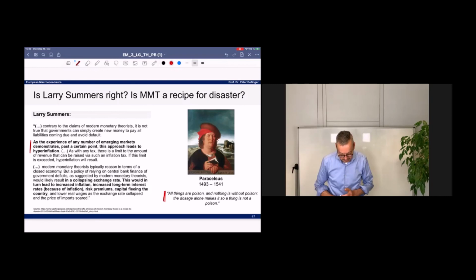And here you can see the consequences of excessive use. And here Samuel rightly says it results in a collapsing exchange rate. This would in turn lead to increased inflation, increased long-term interest rates, risk premium, capital fleeing the country, and so on and so on.